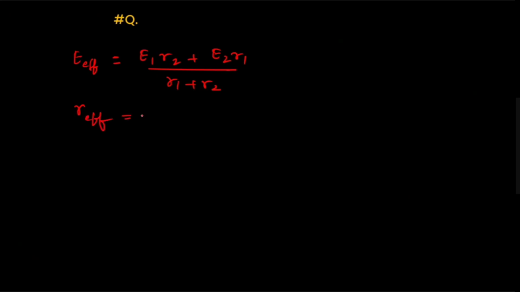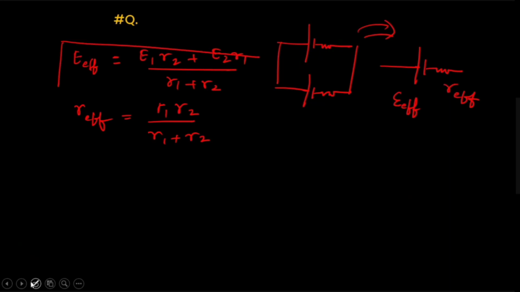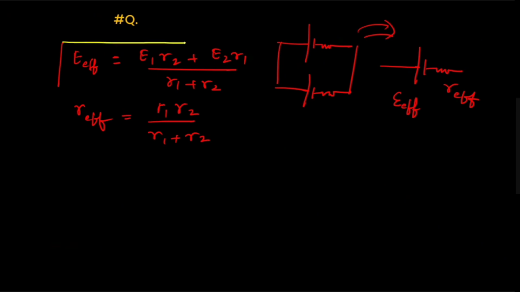Whereas in parallel combination, the effective resistance can also be written as R1 R2 by R1 plus R2. So initially we had two batteries connected in parallel, and finally we replaced these two batteries by a single battery, and that single battery has some E effective and R effective. So that E effective is calculated by this relation, and that R effective is calculated by the given below relation.